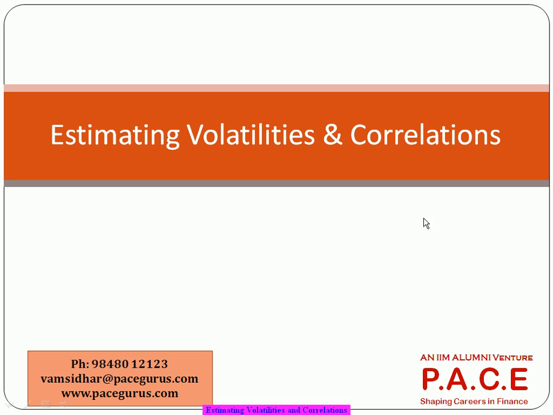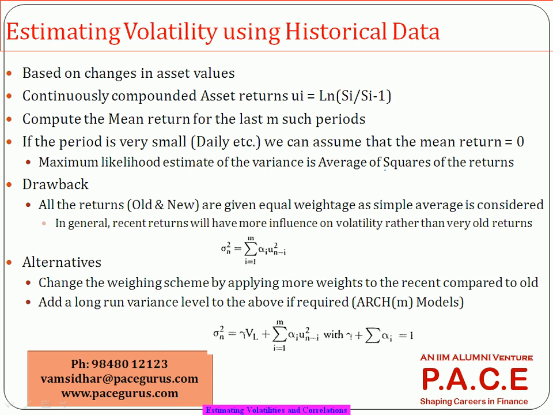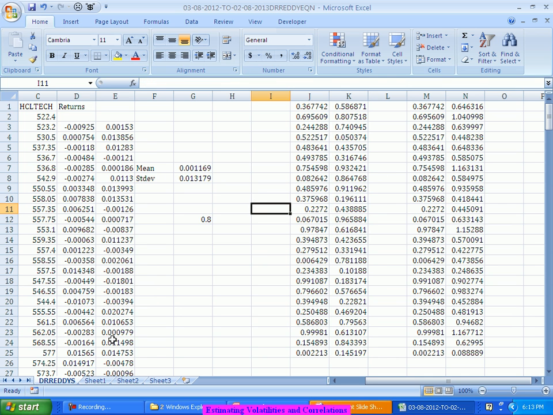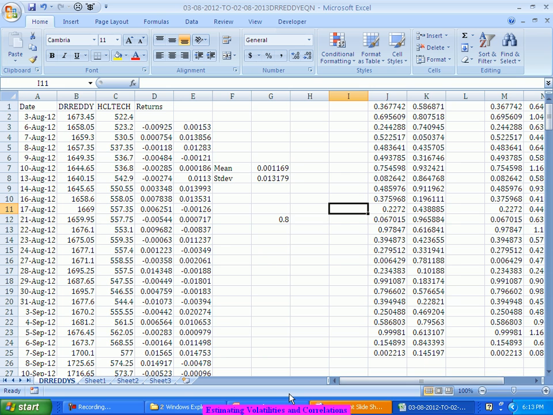Now, if I have to do that, the first thing, if I do the estimation of the volatility, is that you can do it using the historical data. Using this data, I can estimate the volatility. Probably, as we have done, take the standard deviation of all these days, right?